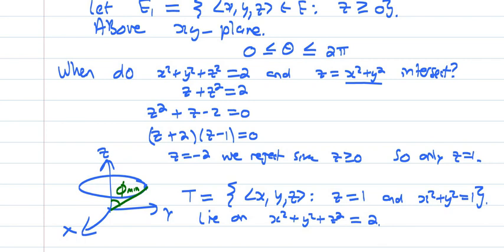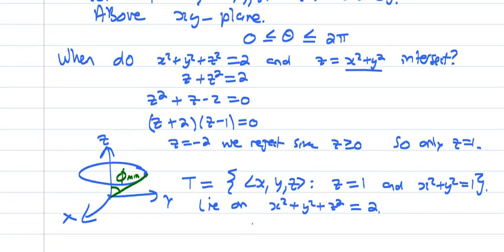Now, you can use Pythagoras, you can use trigonometry, so there are several ways you can work this out. But I'm going to say, I know that if I look at those points, the rho values have got to be root 2 because x squared plus y squared plus z squared equal to 2. So for all of those points on set T, rho is equal to root 2 and z equal to 1. And now remember, you always replace z with rho cos phi, that's equal to 1.